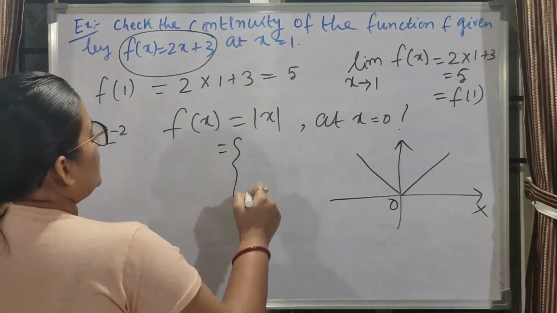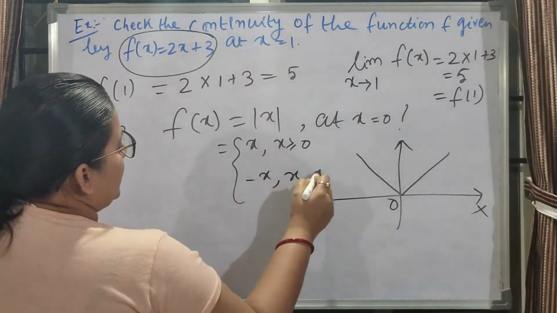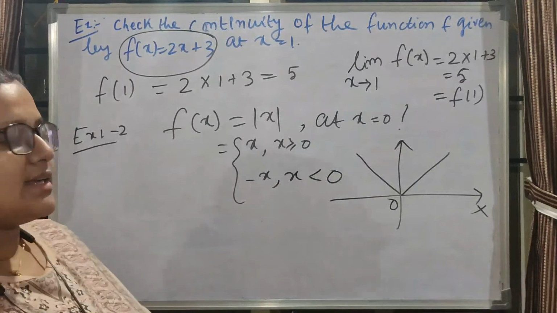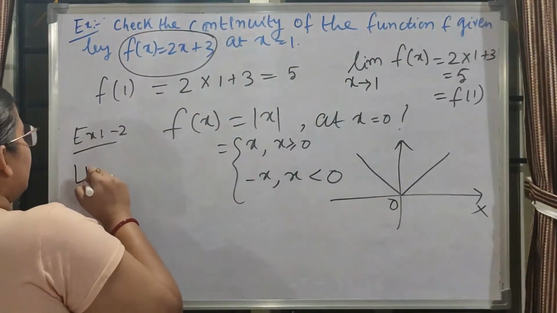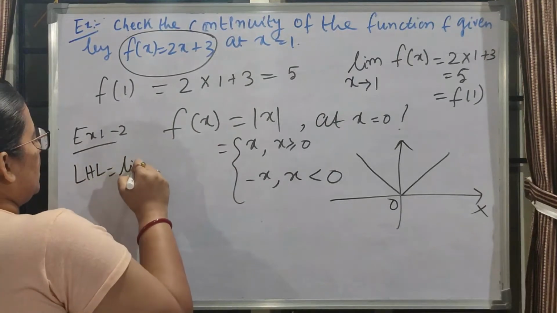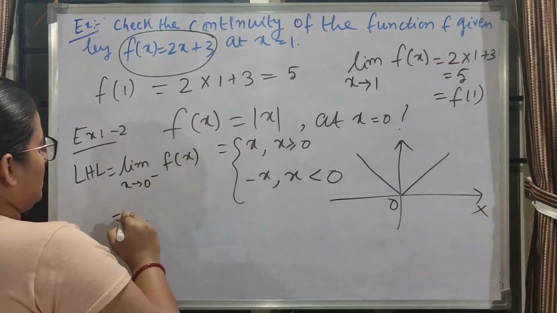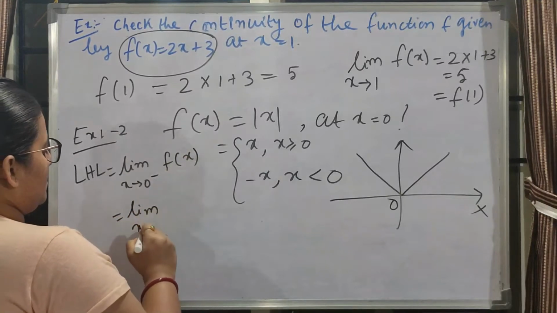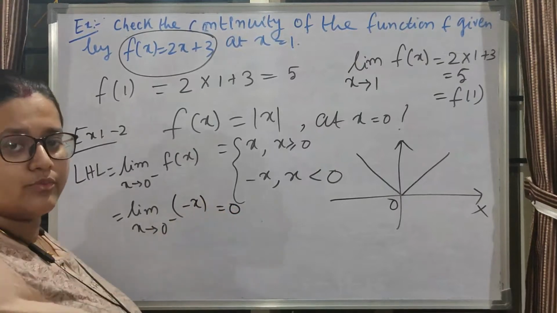We will break the function: x when x is greater than or equal to 0, minus x when x is less than 0. We'll find the limiting value, left hand limit, right hand limit. So left hand limit is limit x tends to 0 minus f of x, that is minus x, this is 0.